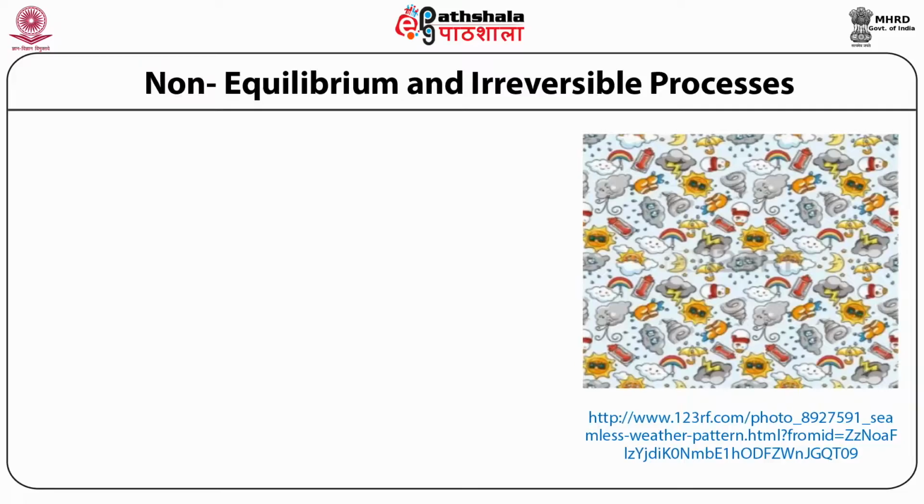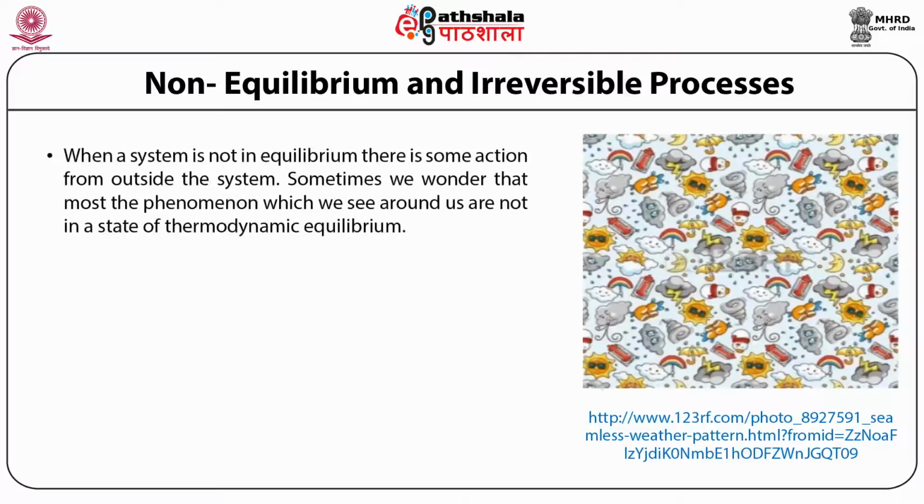Once we have understood the meaning of equilibrium processes, it will be worth understanding the meaning of non-equilibrium and irreversible processes. When a system is not in equilibrium, there is some action from outside the system.